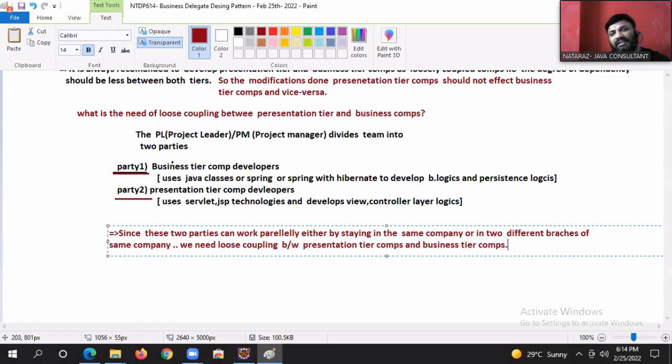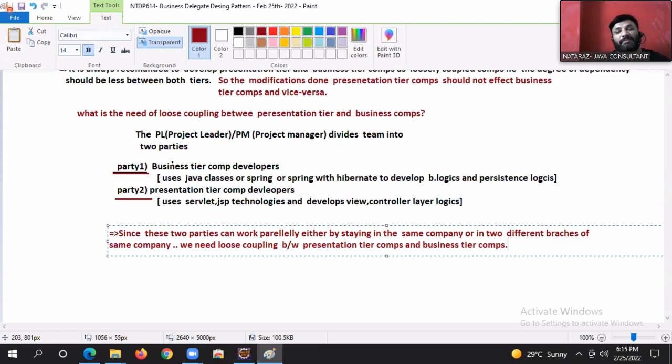Say something, guys. If tight coupling is there, if one tier's logic is disturbing the other tier's logic, both teams should work at a time, in the same environment. But if loose coupling is there, no problem. Okay, the Indian branch will do the presentation tier work. In the US branch, they will do the business tier work, right?